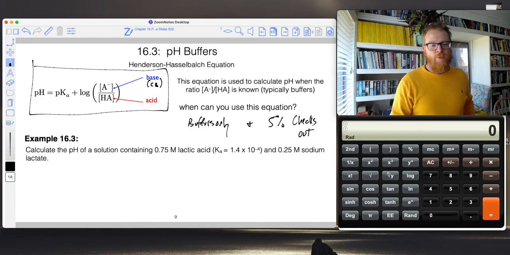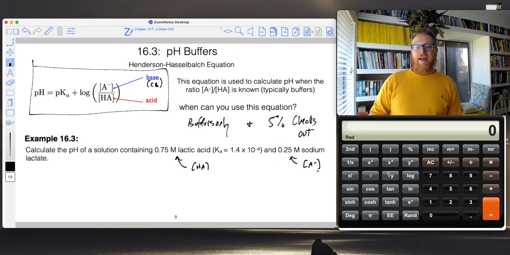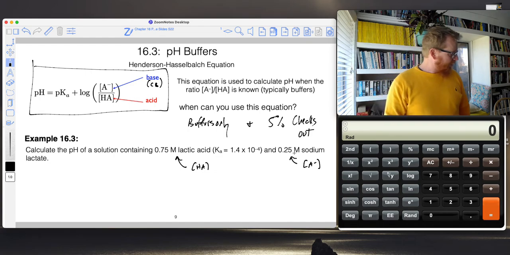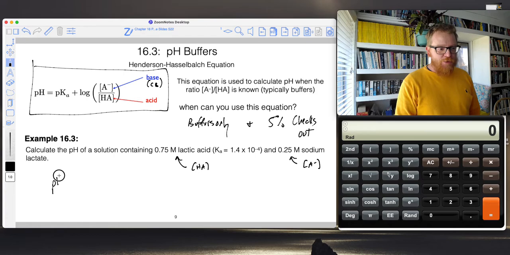That's how the nomenclature works. So lactic acid is HA, and the sodium lactate, we don't care about the sodium because it's a spectator. That is my conjugate base, my A minus. That's the only thing we have to get straight to use this equation, and then we can just plug and chug.